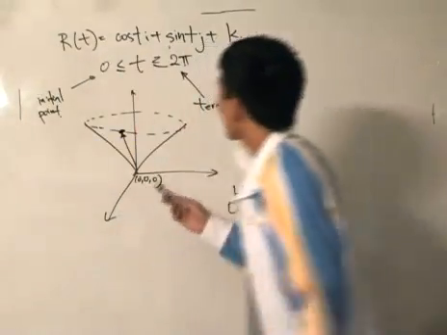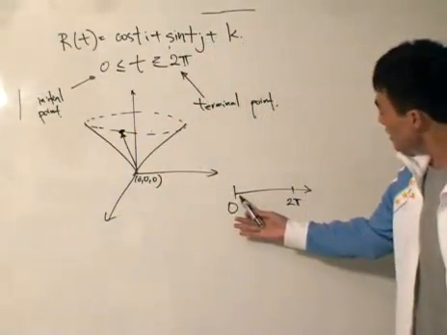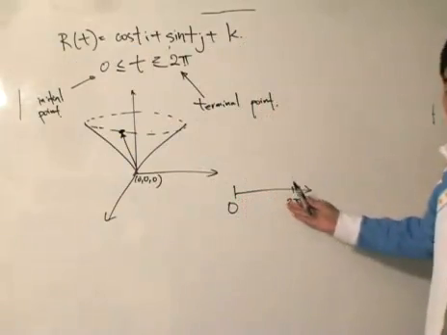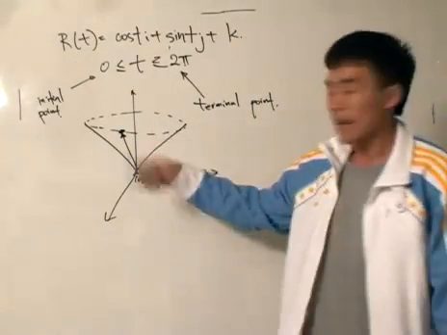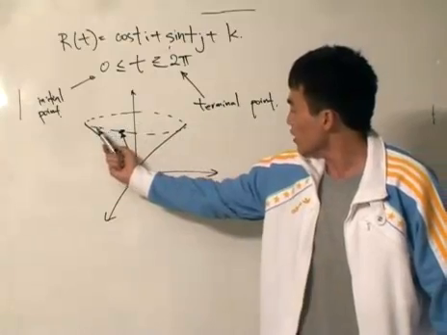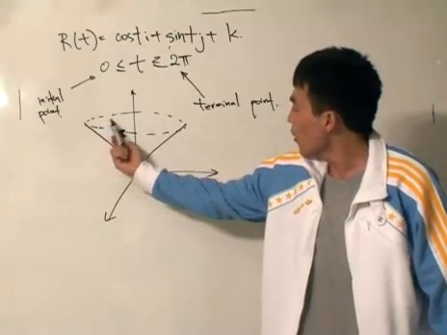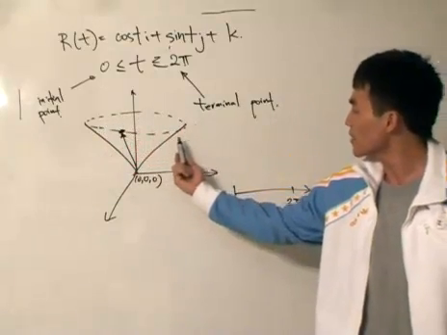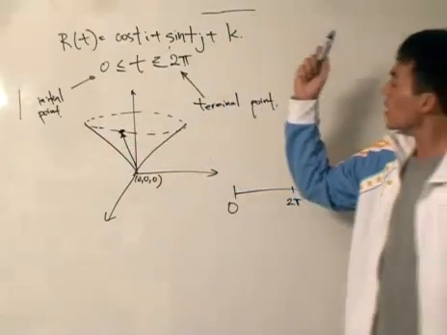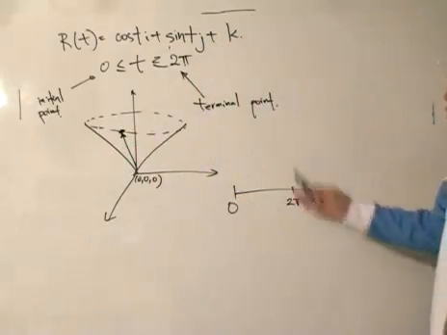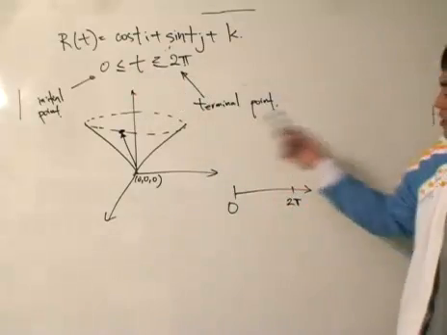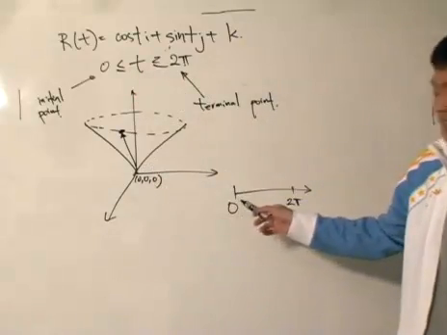Then as t keeps going along the t-axis, as the parameter changes, we know that the position vector will change. So it's going to go from here, one whole round of the circle, and comes back over here, right? Now when it reaches 2 pi, which is also within the range of t, the position vector is going to be the same as when t equals 0.